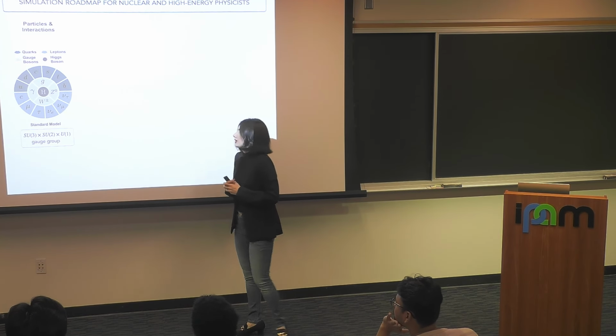And as you can see in this picture, we have a bunch of different particles and a bunch of different force carriers. 3 of the fundamental forces in nature, including a strong force, weak force, and electromagnetism, really fit this mathematical picture. Unfortunately, gravity does not.